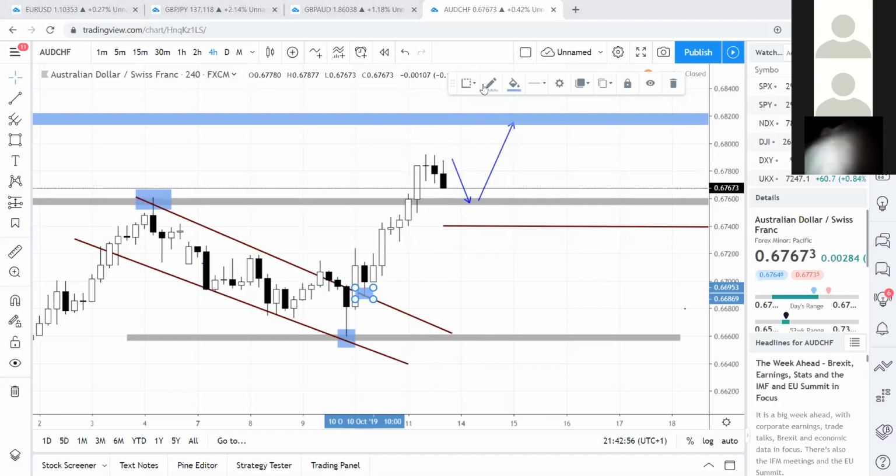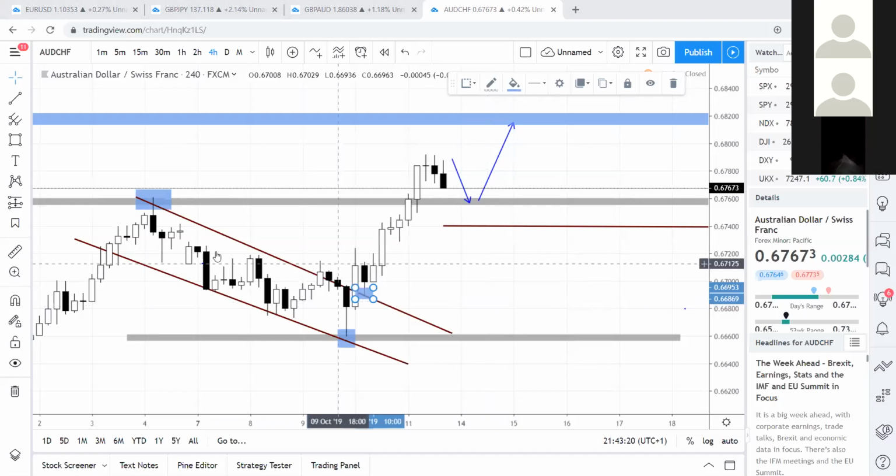Should we consider the wick when drawing the zones? Yes, you can look at the wick when drawing the zones. However, if the body of the candle hasn't broken the zone, then it is still believed that you are in the zone. For you to be able to say boldly that you are outside the zone, the body has to break it.